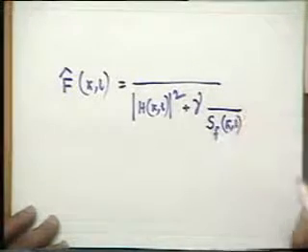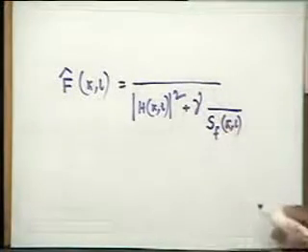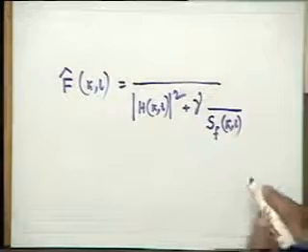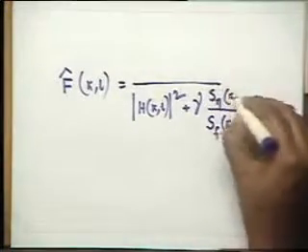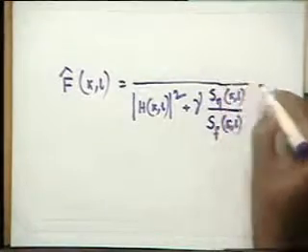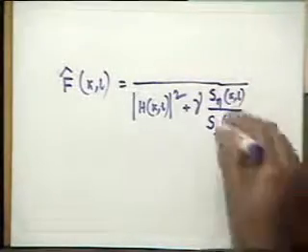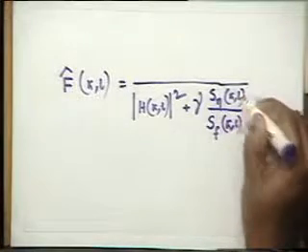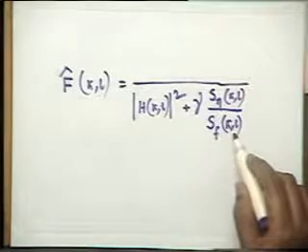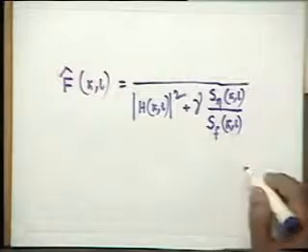This goes in the denominator, and what remains in the numerator is S eta KL, the noise spectral density. The numerator is the noise spectral density, and the denominator is the signal spectral density.